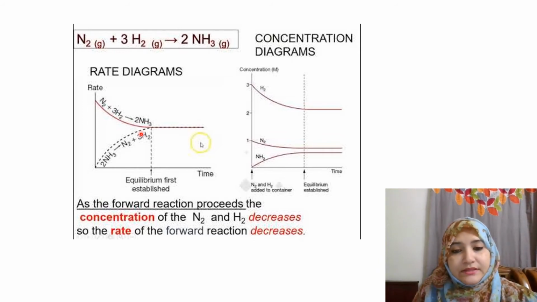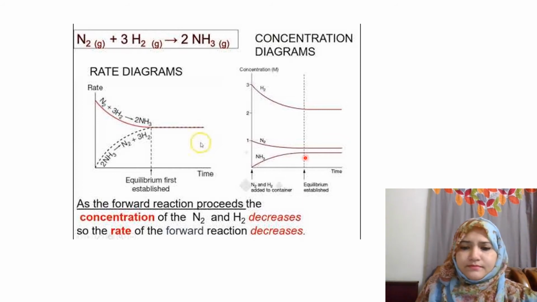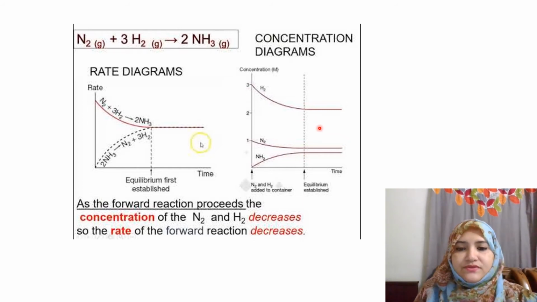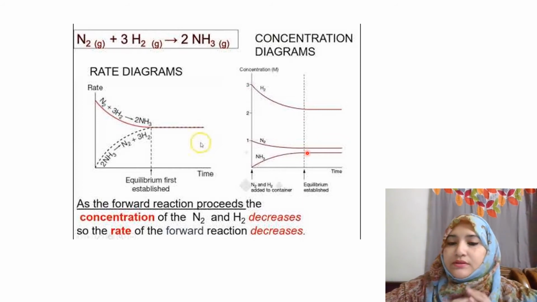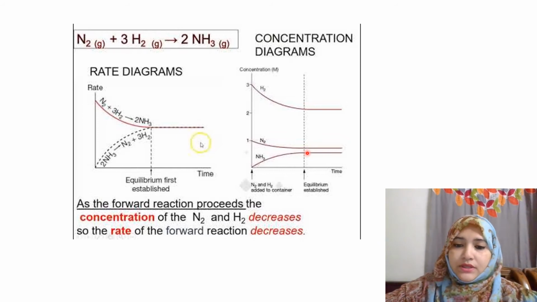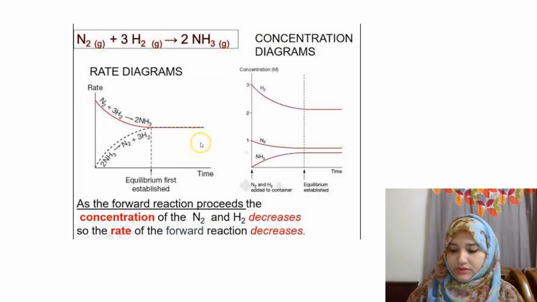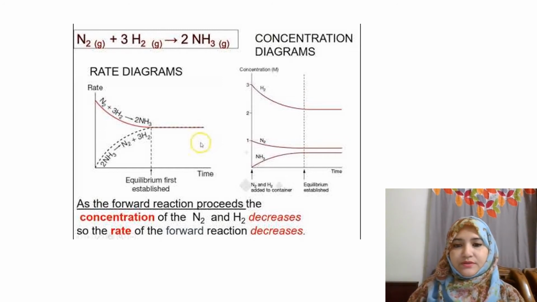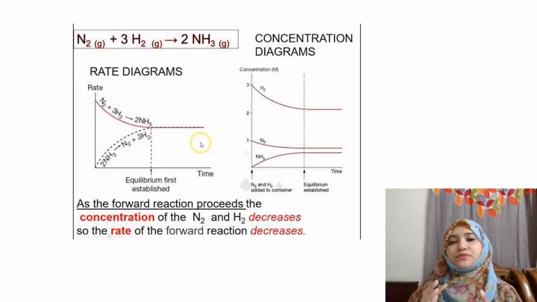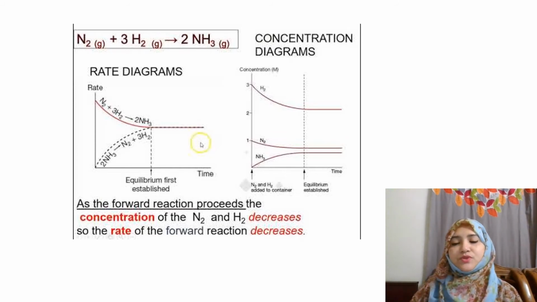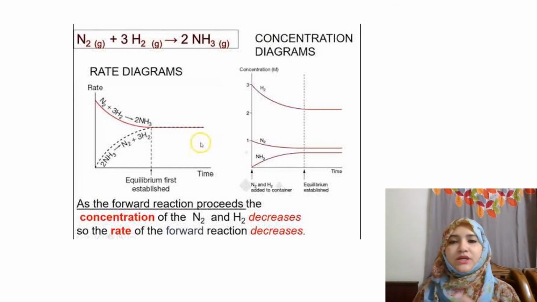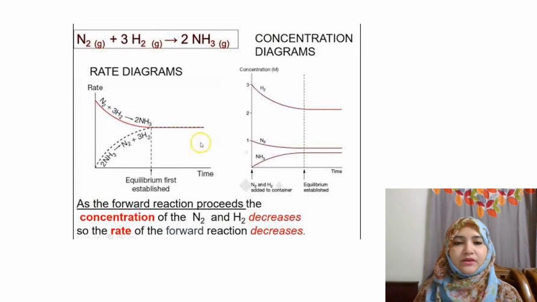That's why we cannot observe a change in the concentration of reactant molecules and product molecules. This was the basic concept of chemical equilibrium and dynamic equilibrium.